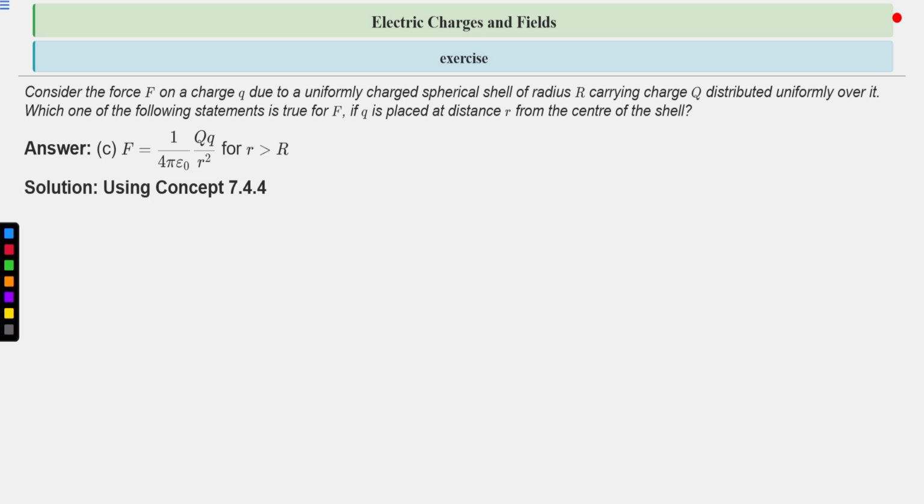So let's see the solution using concept 7.4.4. For a spherical shell, electric field is 1 by 4 pi epsilon naught Q by r square if r is equal to or greater than R. Means the value of electric field is 1 by 4 pi epsilon naught Q by r square for a point at the surface of the spherical shell or a point outside the spherical shell.